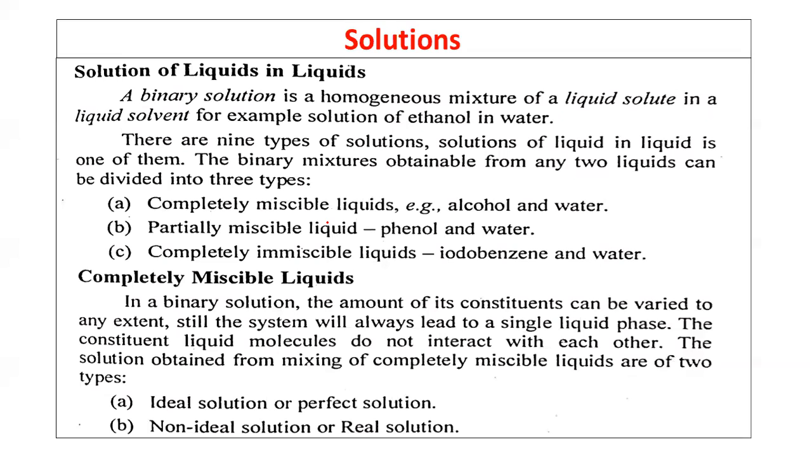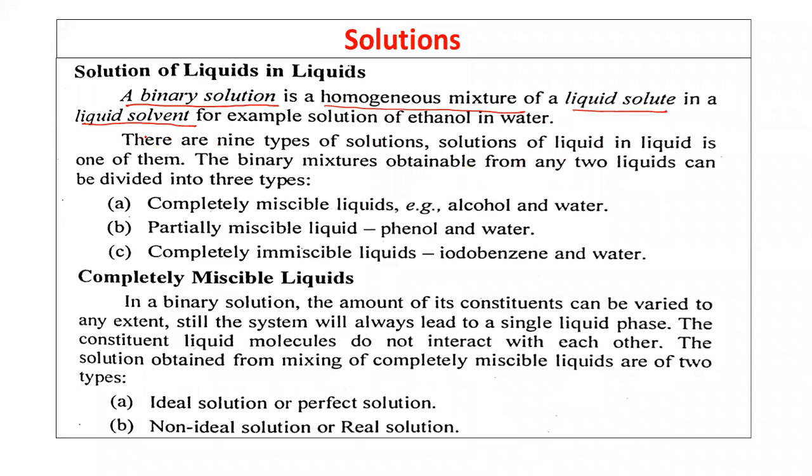So what is a solution of liquids in liquids? Very simple. A binary solution, binary means two, is a homogeneous mixture. The mixture should be homogeneous, of a liquid solute in a liquid solvent.